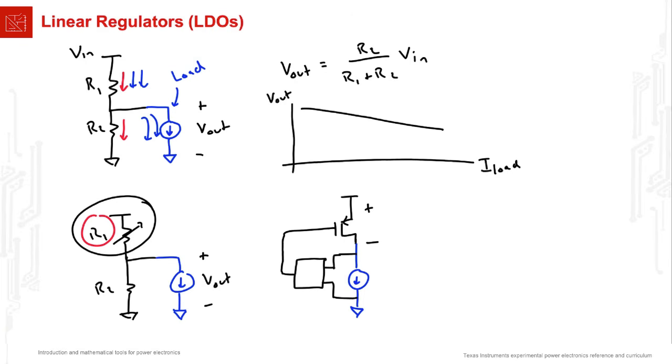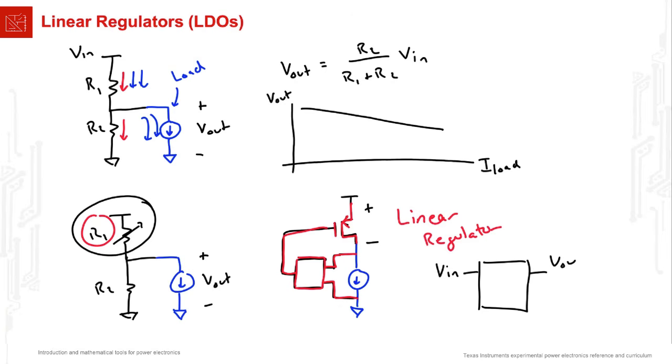And so this part in red, including the transistor itself and the control and the sensing, is what we would call a linear regulator. And you can see that at its fundamental level, a linear regulator is a three-terminal device. It has an input voltage connection, it has an output voltage connection, and it has a ground.